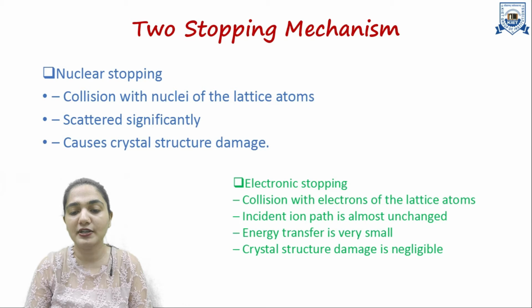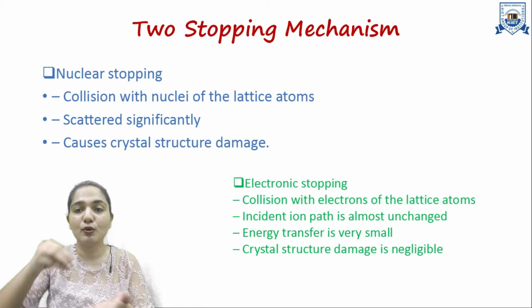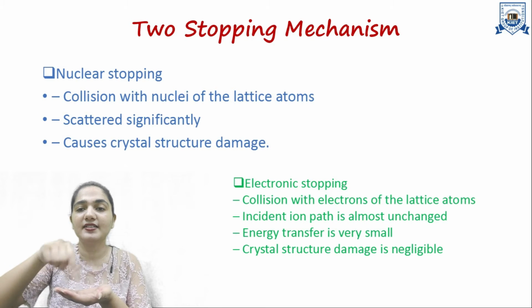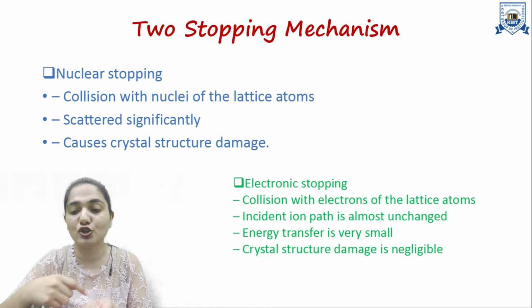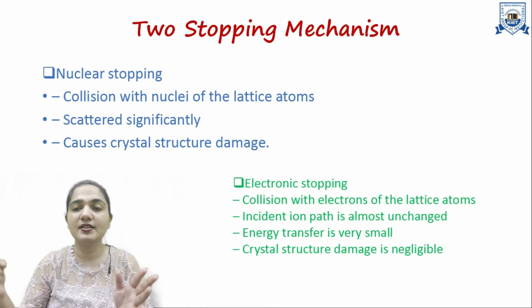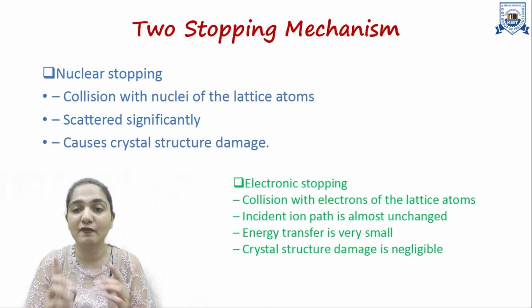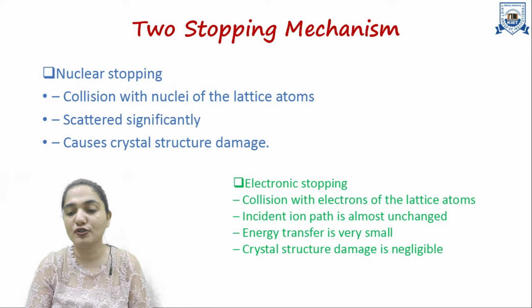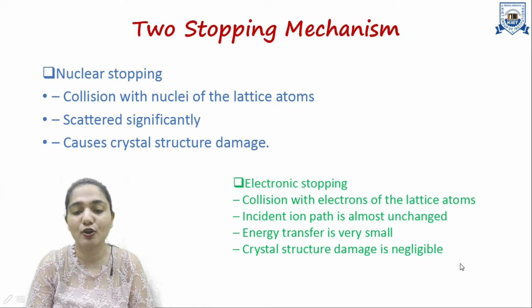Then we have electronic stopping, in which collisions are with the electrons. We know that if we have an atom, in the middle of the atom we have the nucleus, and in the surrounding of the atom we have electrons. So in 90% of the cases, the ions will be colliding with the electrons. In very rare cases, nuclear stopping will be there. So collision with the electrons of the lattice atom is very predominant.